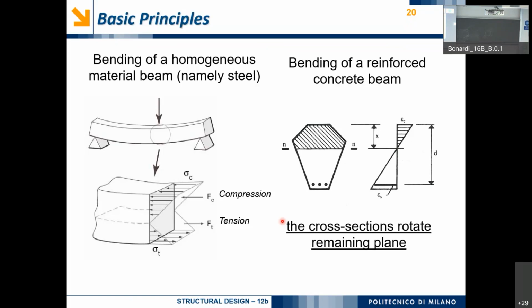In this case, if the concrete is not capable to resist to tension, it means that we will have no tension force, because there is no possibility to resist to tension, and so there will be no way to balance the compression, and so the element will fail.